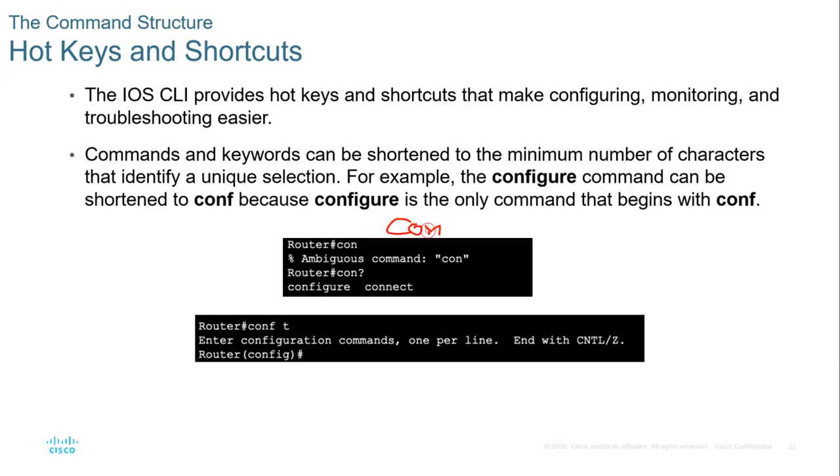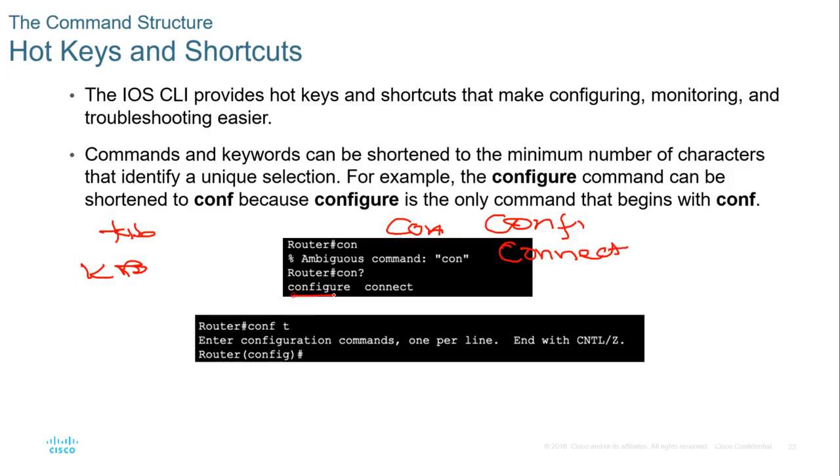You can type it halfway and then press the tab key on your keyboard so that whatever you intend to type is auto-completed. But if there are two words that begin with what you've typed, like con, it can mean configure and at the same time connect.